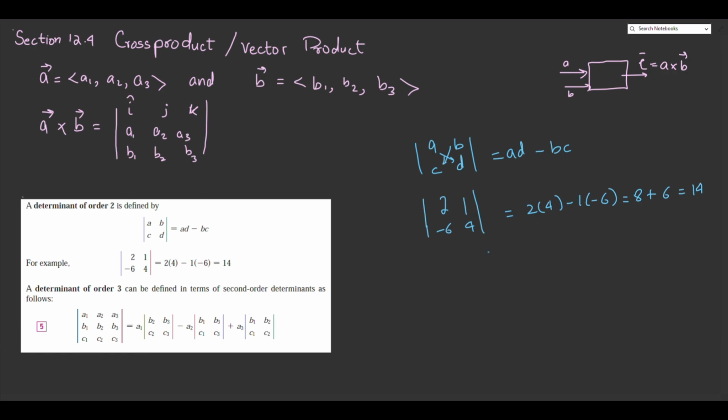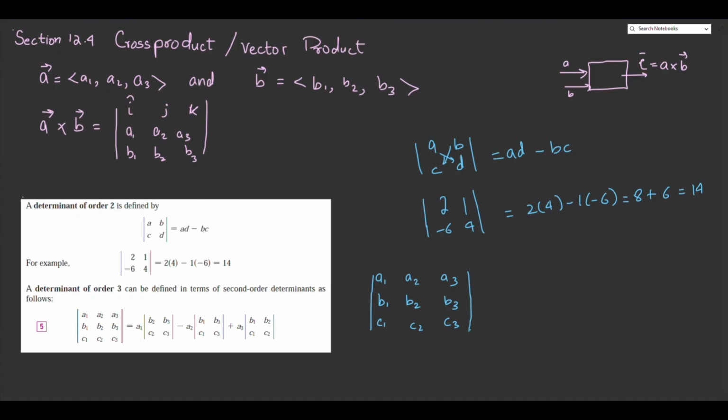This is a 2 by 2 determinant. Now if we have a 3 by 3 determinant, let's say we have A1, A2, A3, B1, B2, B3, C1, C2, C3, how do we expand this?